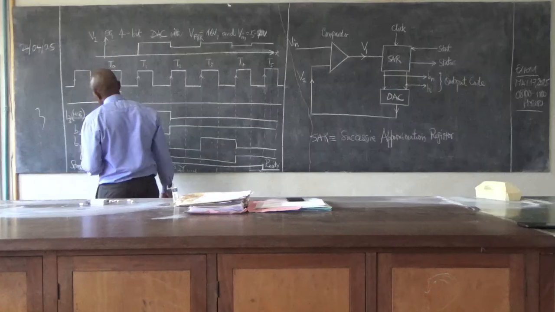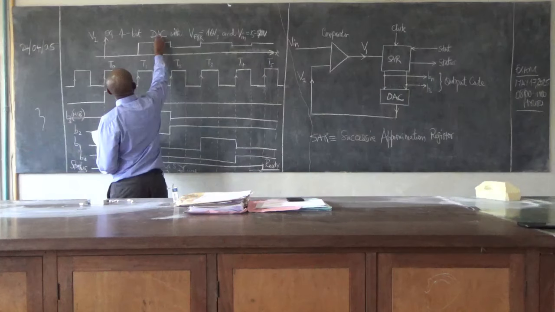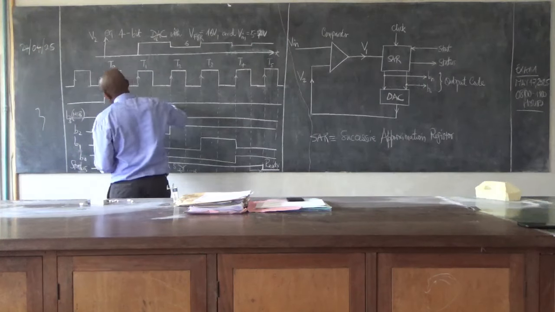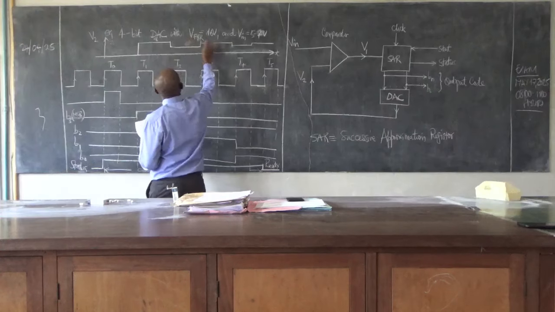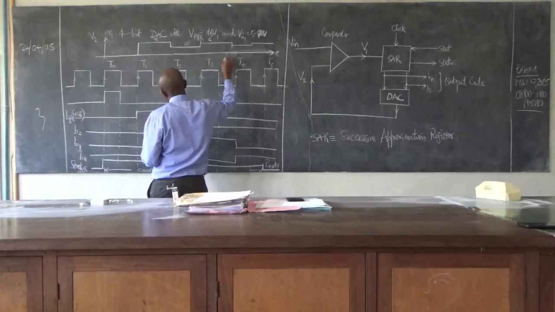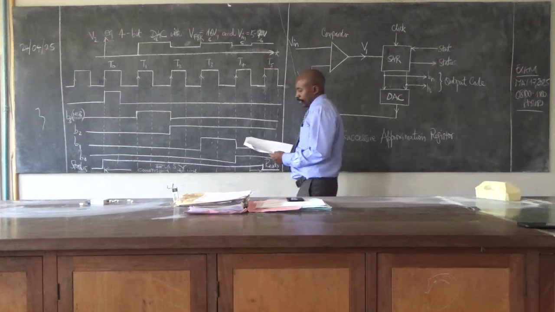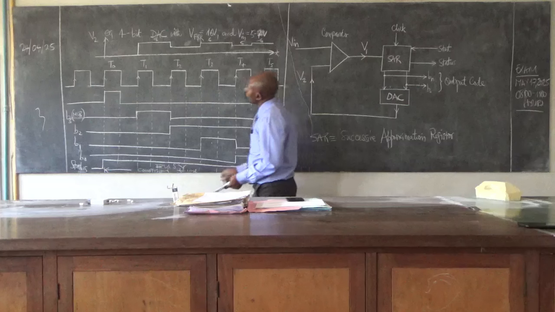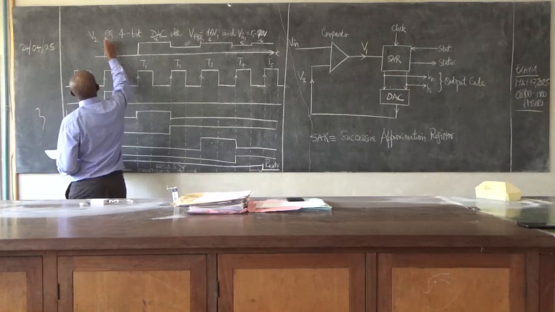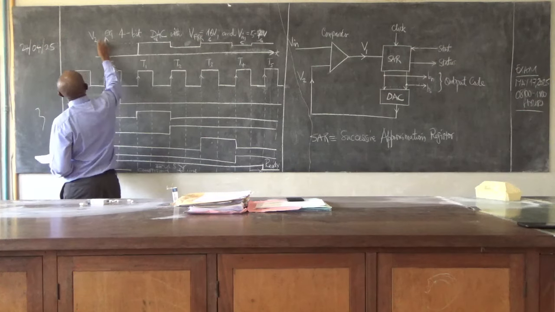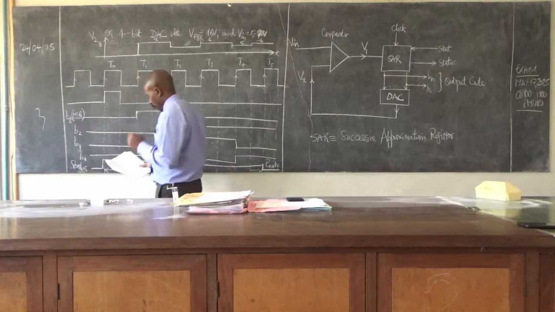I don't know whether I'll be able to do that. So this is 8, 6, sorry, 6. Then you have 5 and 6. And this is when V2 is 8.